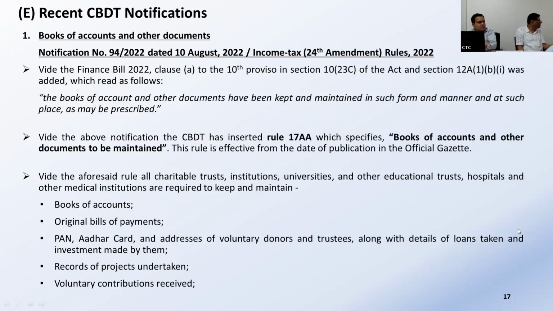Any provision in income tax applicable from 1/4/23 means assessment year 23-24, financial year 22-23, the current year. In the current year, 10th August 2022 also falls.